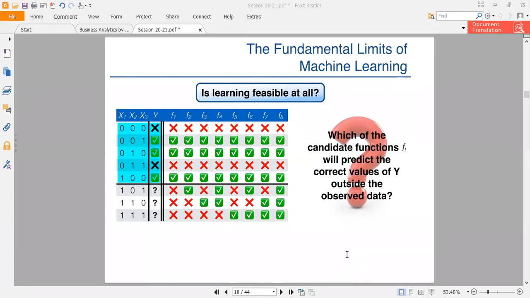So again, the point is without assuming anything further, we cannot say anything.